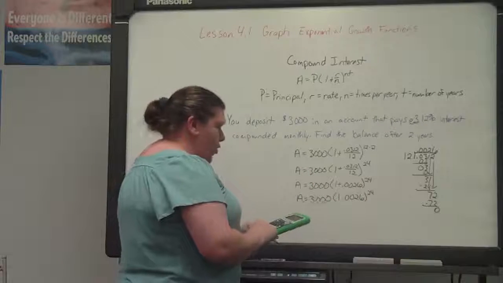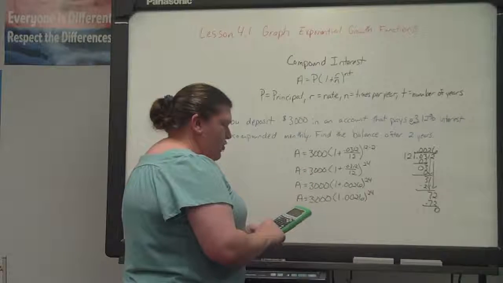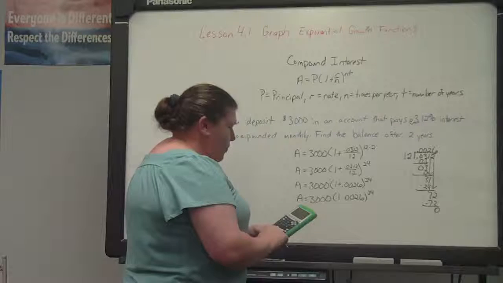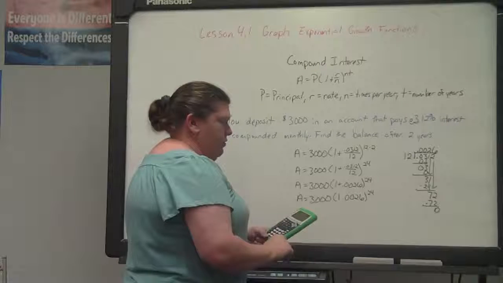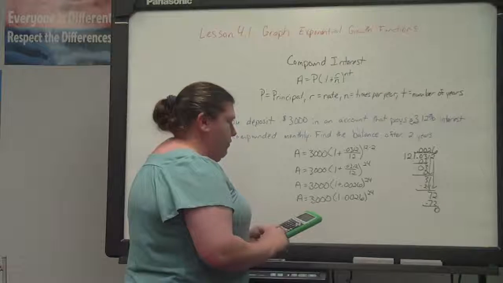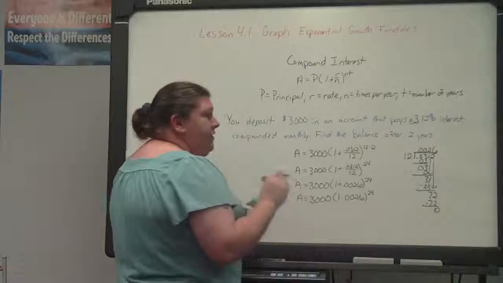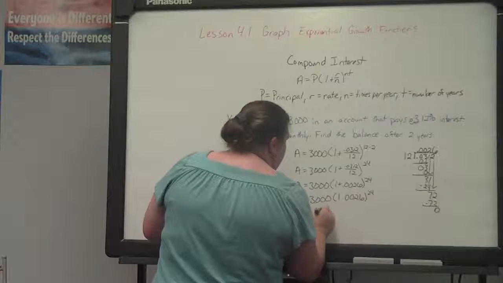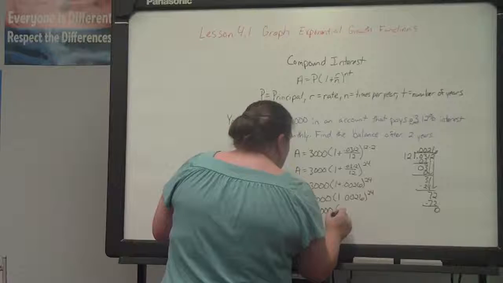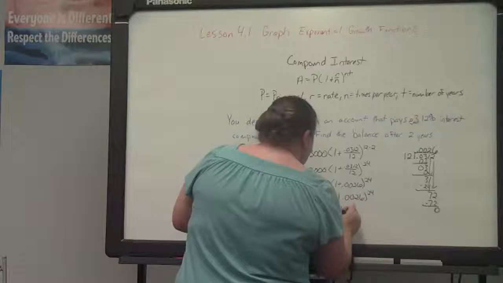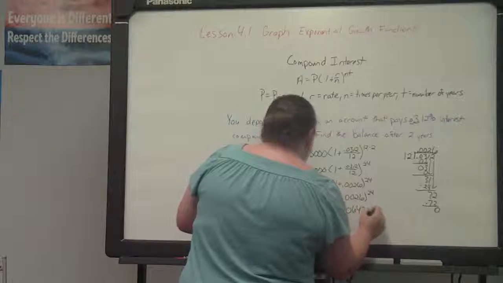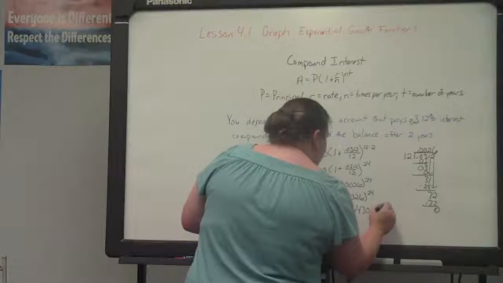So I'm going to type in 1.0026, use my caret, and put to the 24th power, and then hit enter. It gives me that I now have 3,000 times 1.064301824.